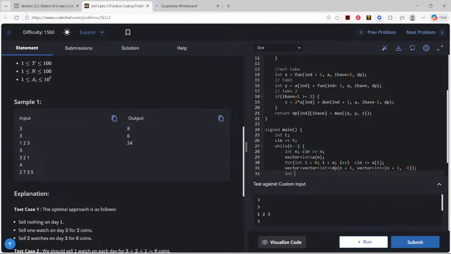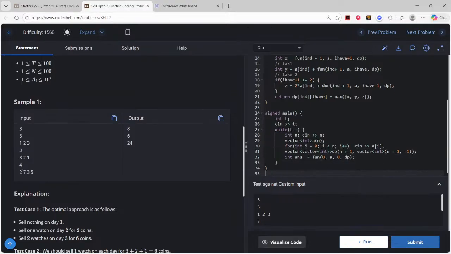Then we do the call with i equal to 0, a, and 0. This is all the watches, right? Then we do the return.